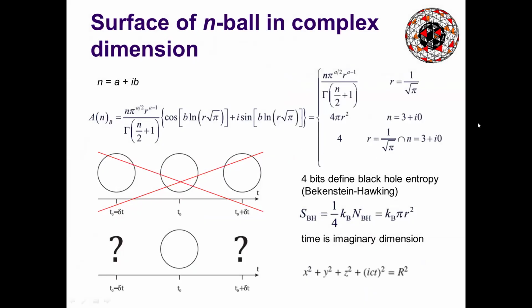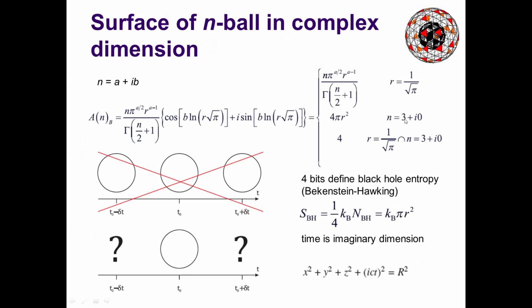So maybe at the end, we should consider the dimensionality of space as a complex number. I'm convinced that the dimensionality of space is a complex number with 3 real spatial dimensions and imaginary time, because the only real imaginary number is i multiplied by 0.